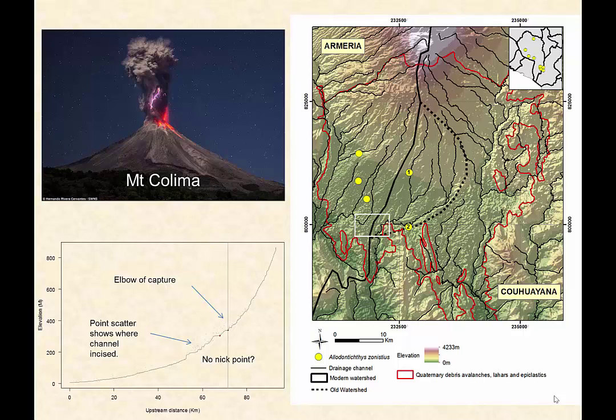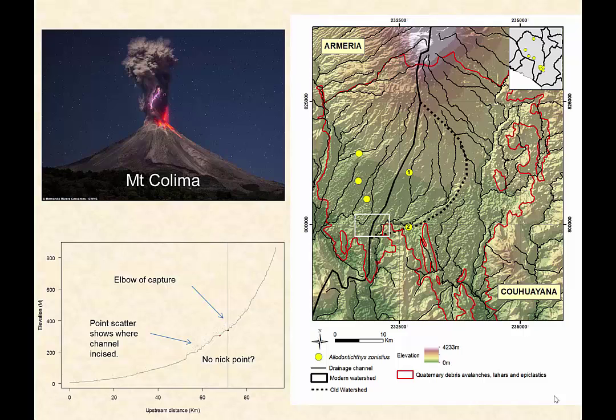The Quaternary is roughly since the end of the last ice age, so, well, it's Pleistocene, it goes about 2 million years, basically. So this event is probably less than 1 million years old as a result of a volcanic explosion, and this created this change. So if we can collate this type of information for each of the possible events scattered across central Mexico, I can recreate my map.